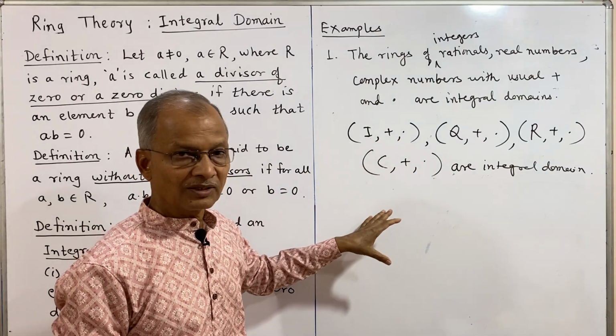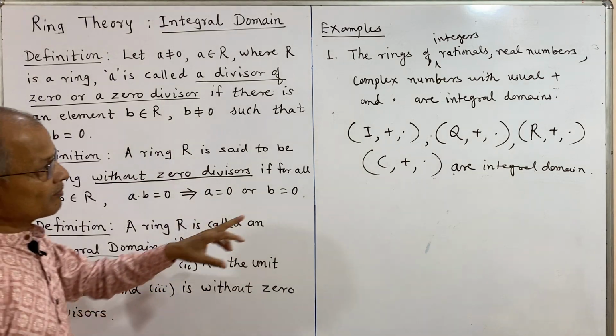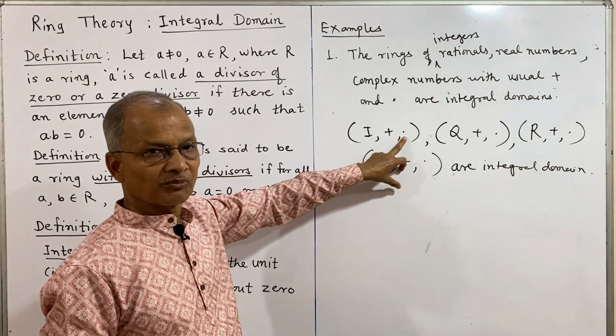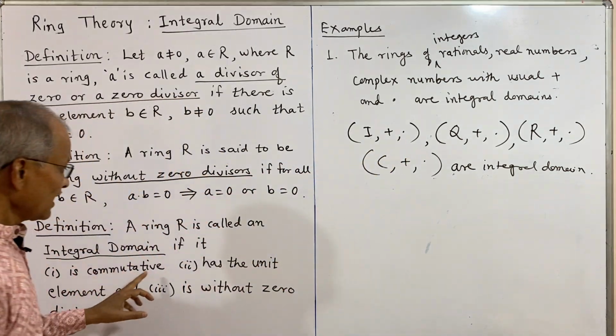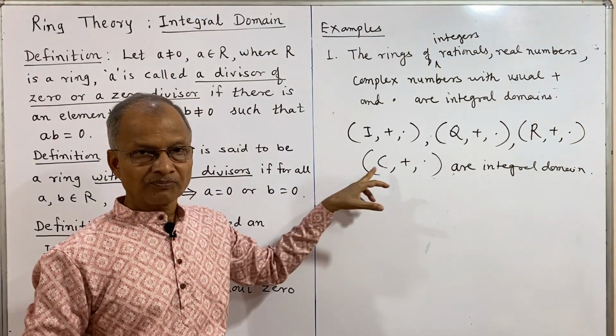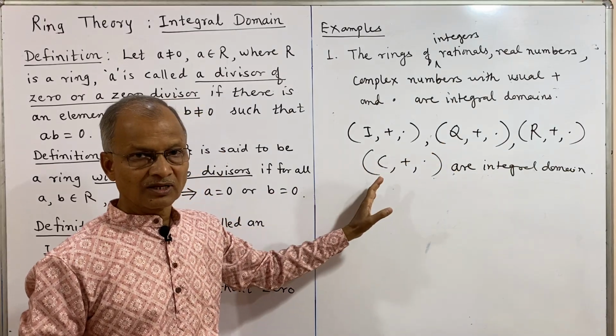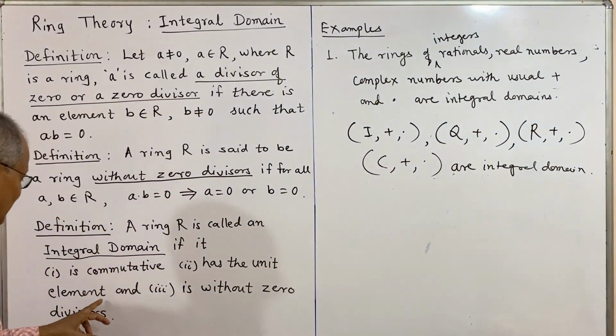What is to be checked is these properties. Commutative: usual multiplication is always commutative. And it has a unit element: one exists in each set, integers, rationals, reals, complex, and therefore it is a ring with unit element.